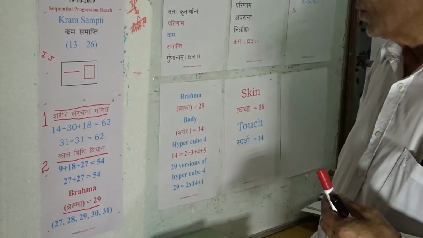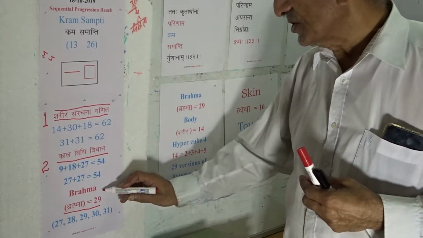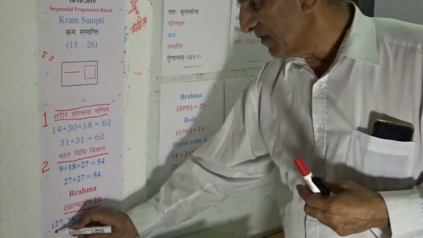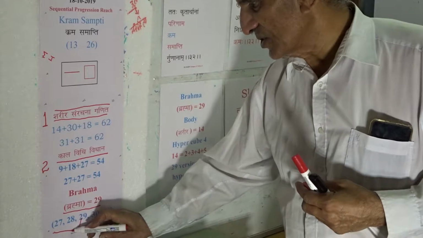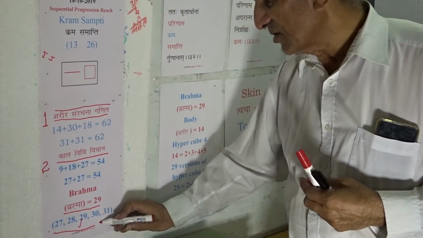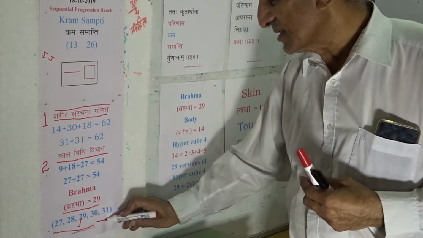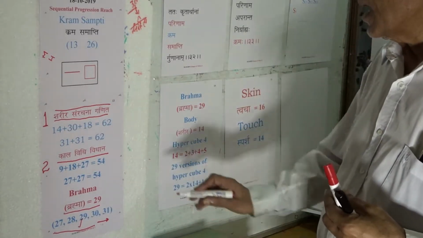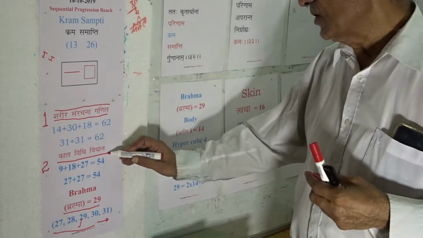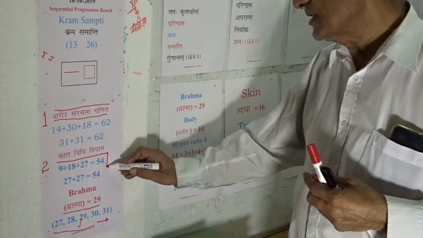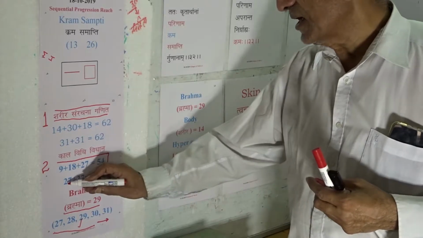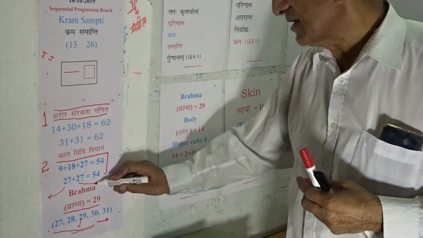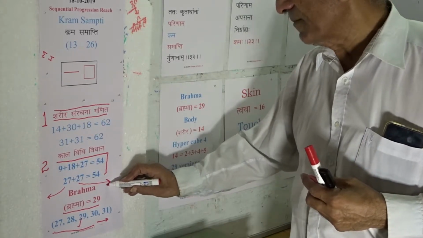And we know that value 29 as hypercube 29 will be leading us to value 27, 28, 29 and 30, and the transcendence range will take us a step ahead to value 31. Kal Vidhi Vidhan is of value 54, 27 plus 27. There are 27 nakshatras of Surya and there are 27 nakshatras of Chandrama.